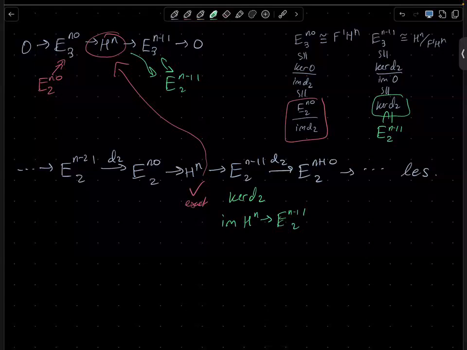But the image of this composite green arrow that I've drawn up here is just the image of the first blue arrow, right? Because the second one is an injection, it's not really doing anything. It's not going to change the image. It's just embedding in something bigger.